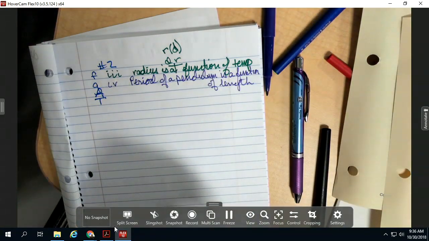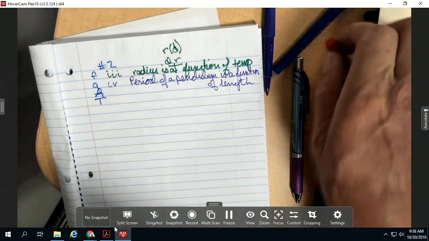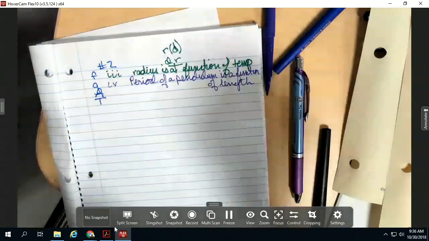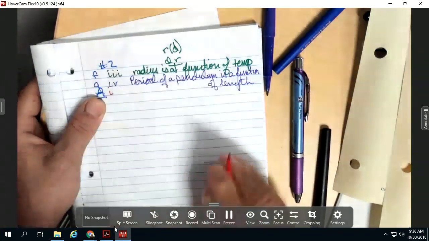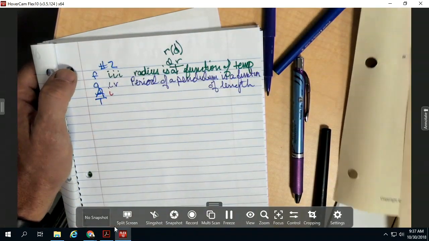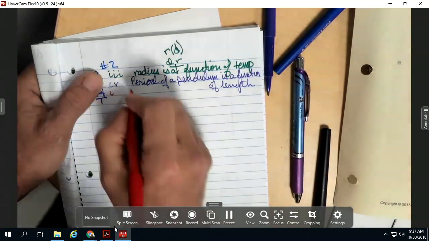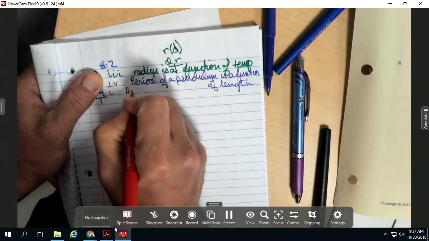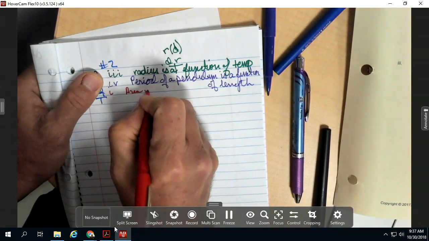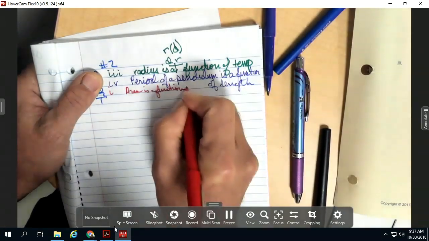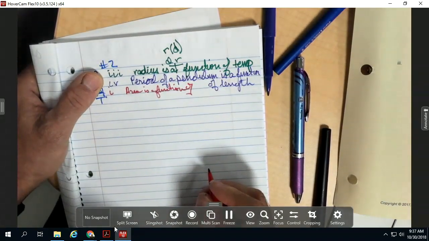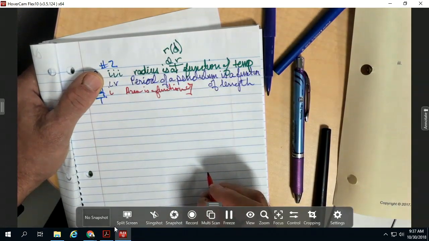Capital letter A. Which one did you have for that one? I. And you would say area is a function of, what'd you have?